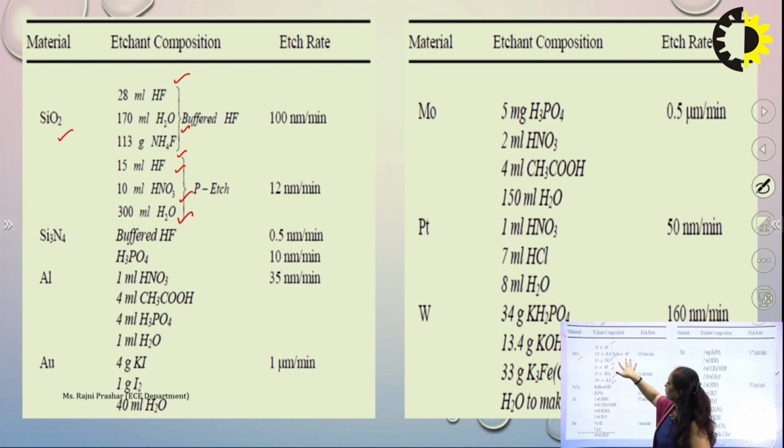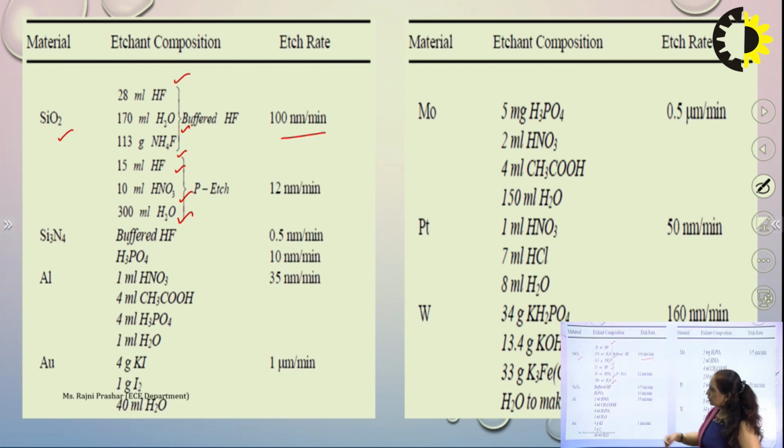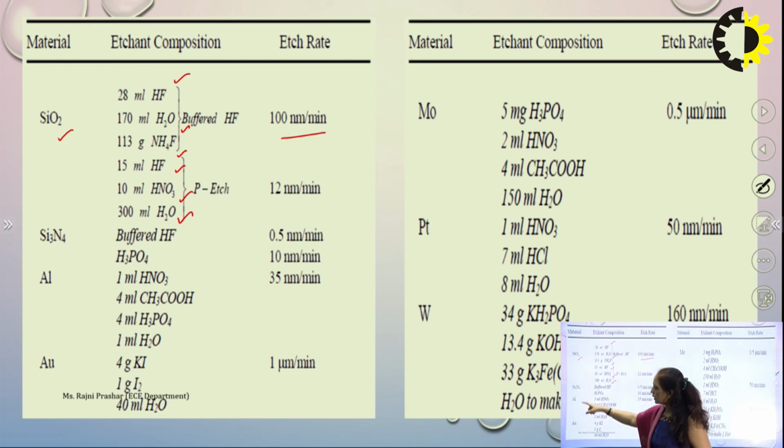This is used as a buffered hydrofluoric acid. With this etchant composition, the etch rate is 100 nanometers per minute. Next, for example, we have Si3N4, silicon nitride.